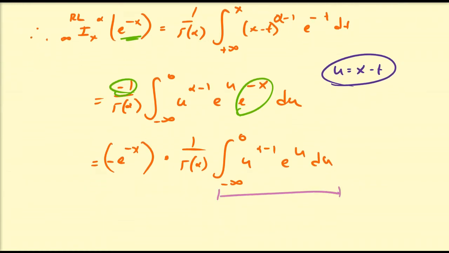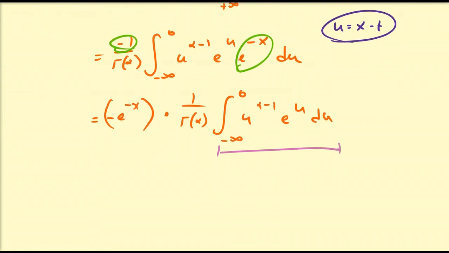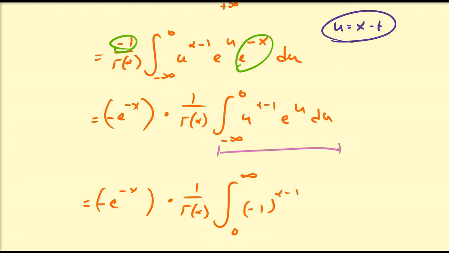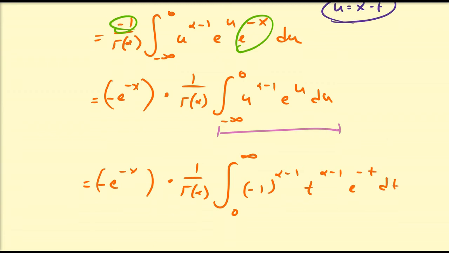So what do we have here? This is almost like a left-sided Laplace transform, so we can easily mirror that to the other side if we want. Transforming that domain, this is equal to minus e to the minus x multiplied by 1 over gamma alpha times the integral from 0 to infinity of (minus 1) to the power alpha minus 1 t to the power of alpha minus 1 e to the minus t dt, right?